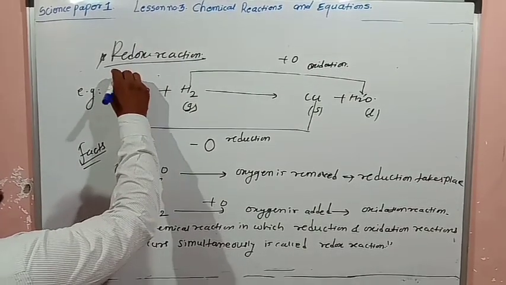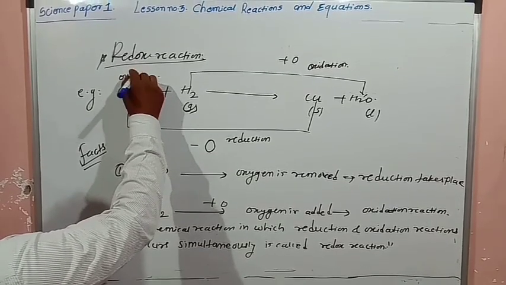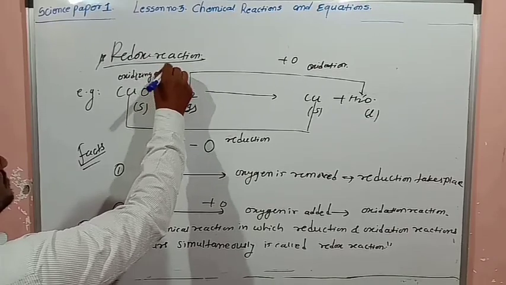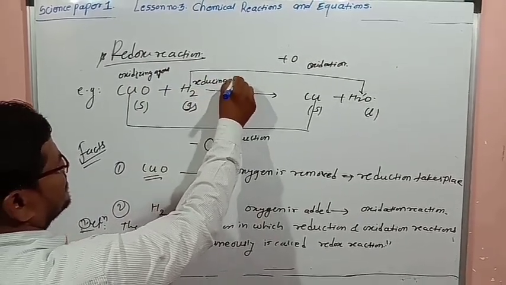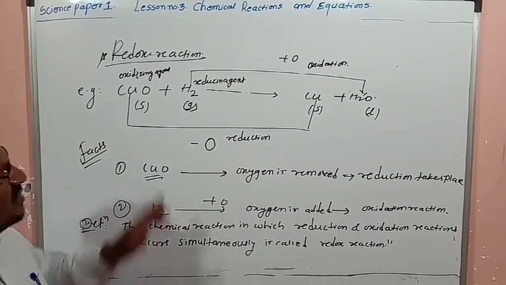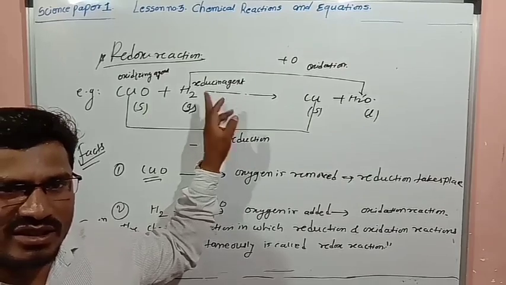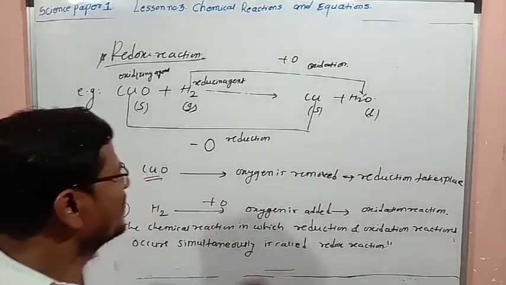This one is the oxidizing agent, and this one is the reducing agent. So CuO is the oxidizing agent and H2 is the reducing agent. Here two types of reactants are there.